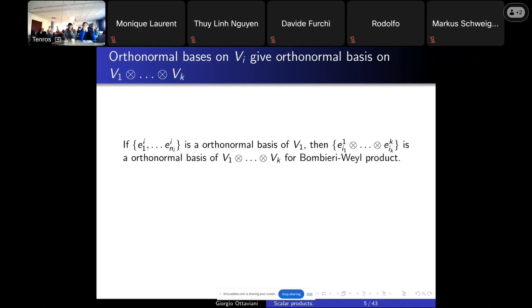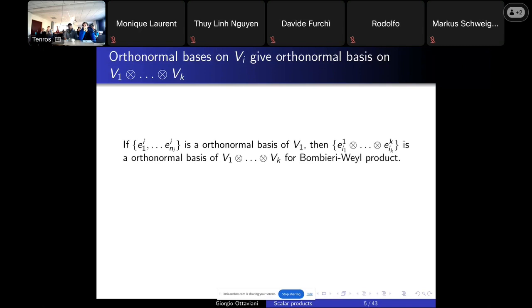For example, fixing this is equivalent to having a standard Euclidean form in each of the spaces. Sorry, I see there is a typo. This should be V_i, because the upper index i means the vector space, and the lower index means that you have the basis on such vector spaces.